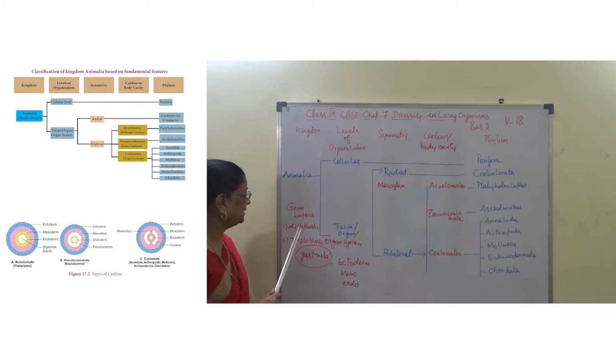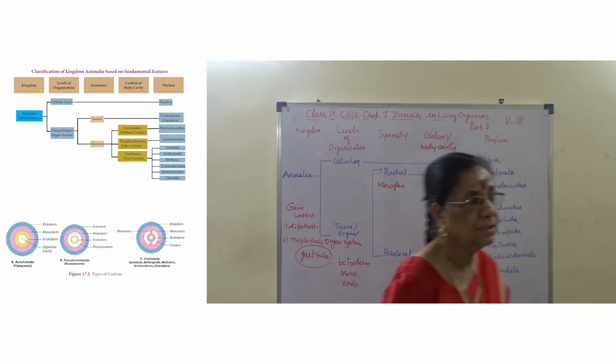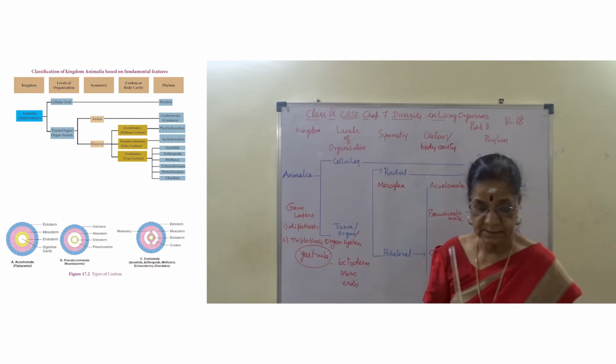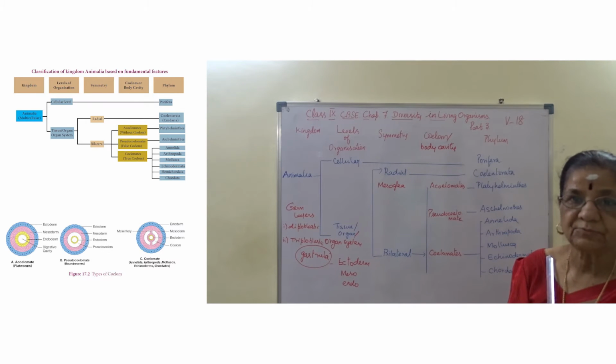So diploblastic germ layers have outer ectoderm, inner endoderm, and middle non-cellular mesoglia. Whereas a triploblastic animal has ectoderm, mesoderm and endoderm. So these are the germ layers, and based on their presence, animals are classified.